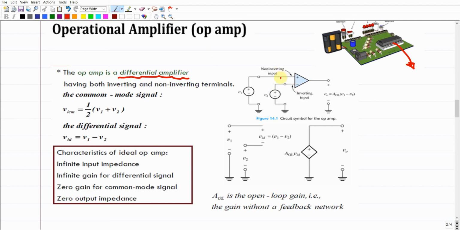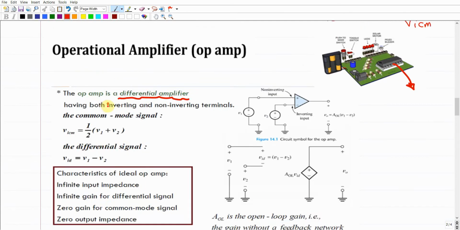One is the non-inverting input and the second one is the inverting input, marked with positive and negative signs, and this gives us an output. Because of the positive and negative, the output depends on the difference between the two inputs. That's why it is a differential amplifier, having both inverting and non-inverting terminals.